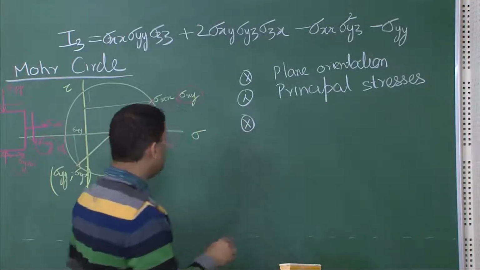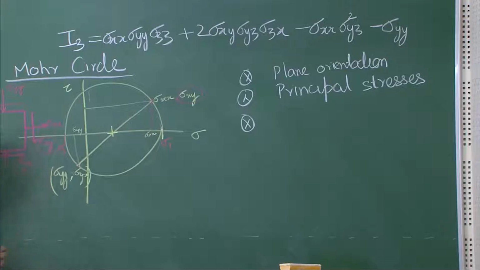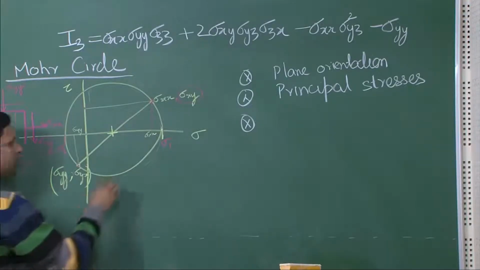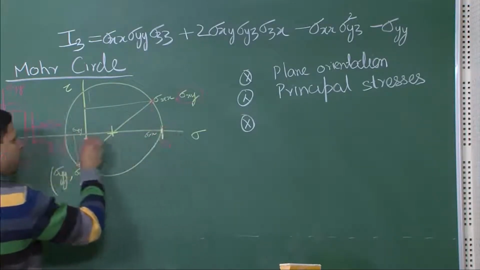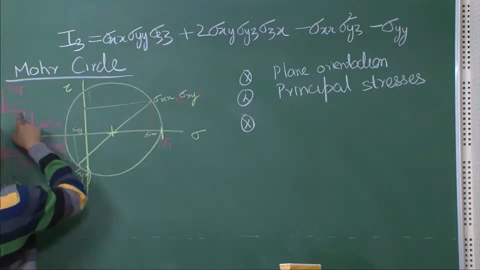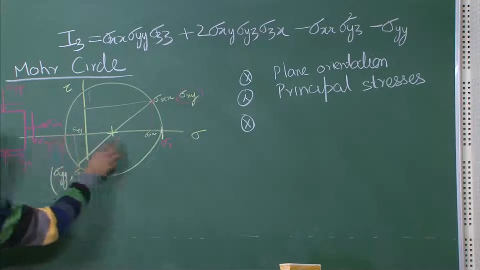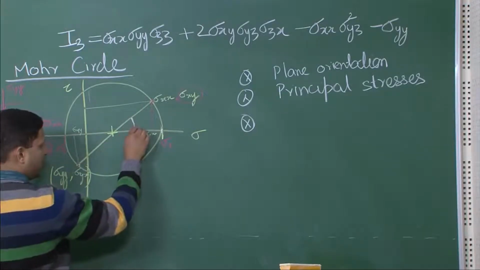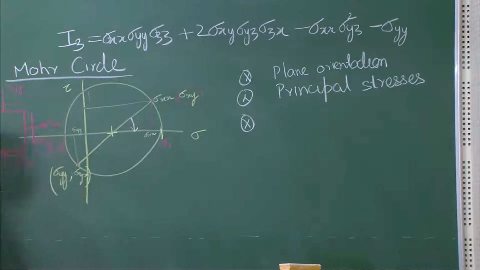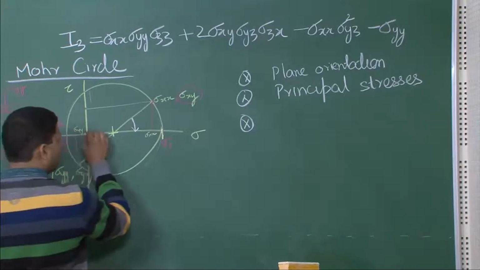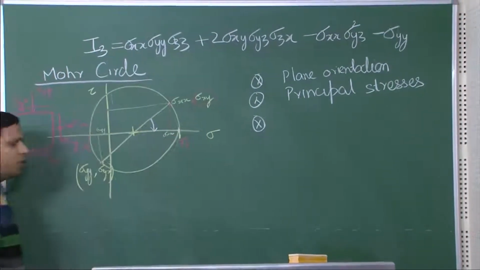We also see one important thing that I have been telling you so far, that there exists a particular orientation. So, you see we had this orientation to begin with, but if we rotate it by some angle, which will also imply a rotation of this particular plane, we will get to a particular orientation where you have only normal stresses.